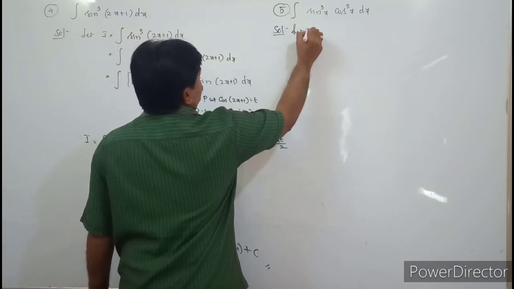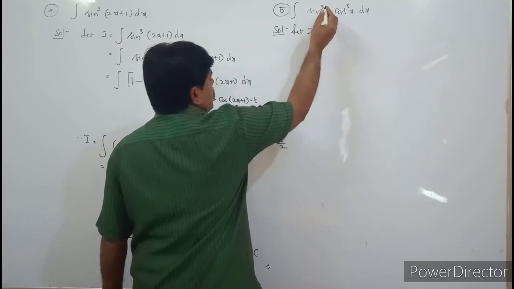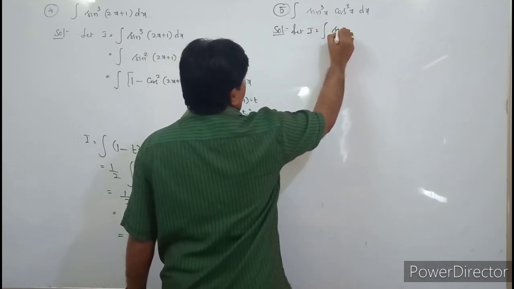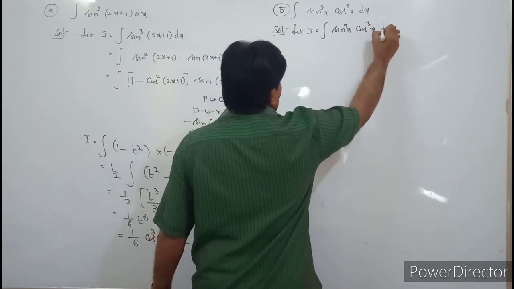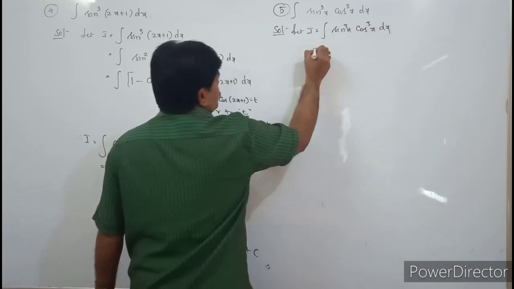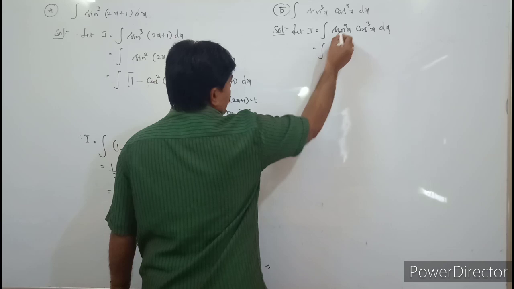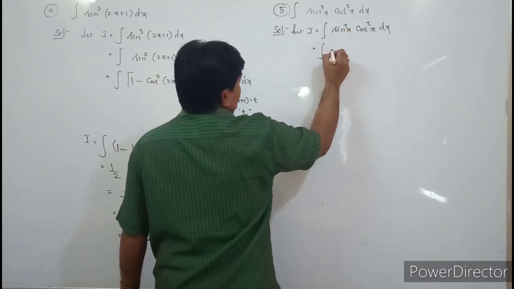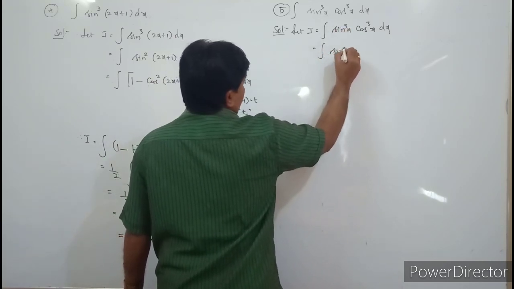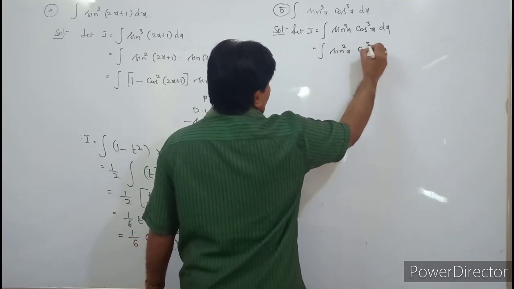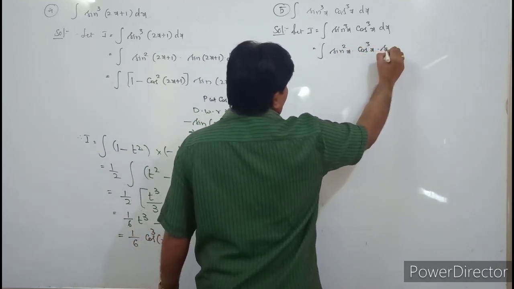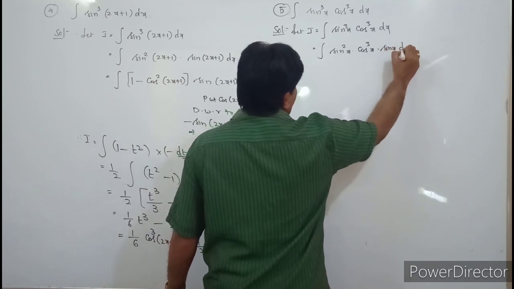Let I is equal to integral of sine cube x into cos cube x into dx. So that is equal to integral of this sine cube x, I will write in the same model, sine square x into cos cube x into sin x into dx.